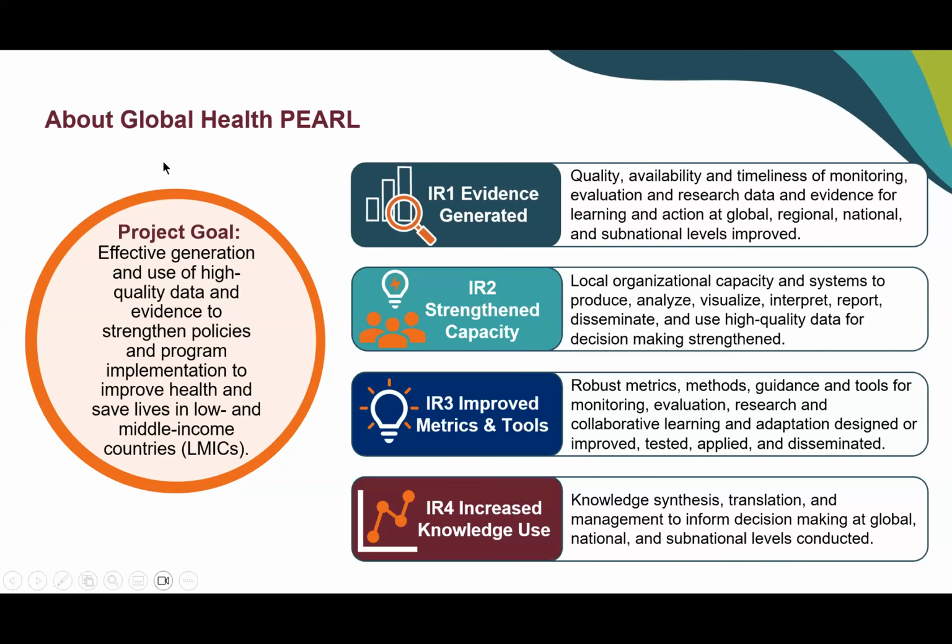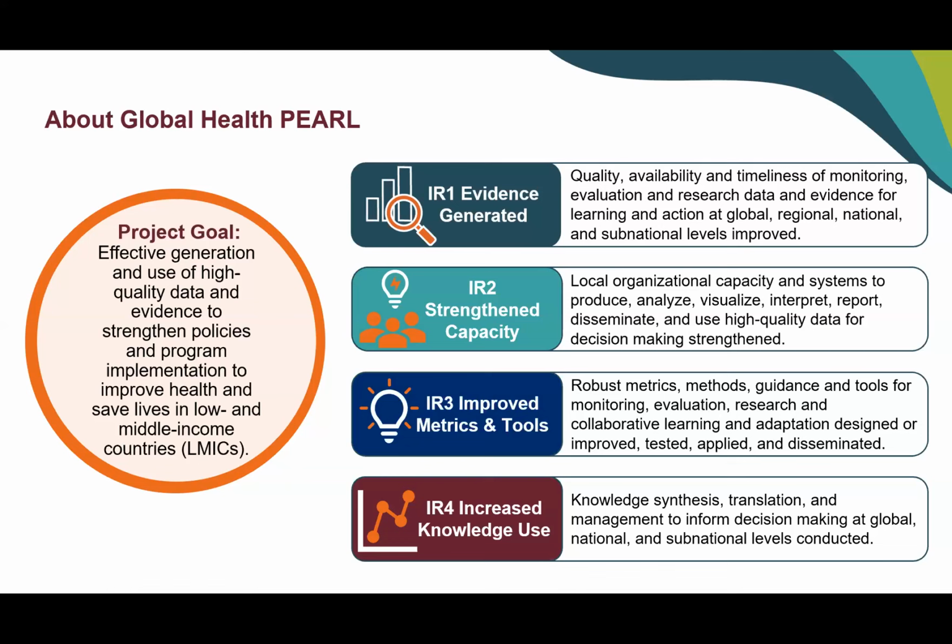To reach its goal, GH Pearl will achieve 4 intermediate results, or IRs, that you can see outlined here. The first is effective evidence generated. The idea here is to improve the quality, availability, and timeliness of evidence and data for learning and action. Then our second IR is strengthened capacity, strengthening local organizational capacity and systems to produce, analyze, visualize, interpret, report, disseminate, and use high quality data for decision making.